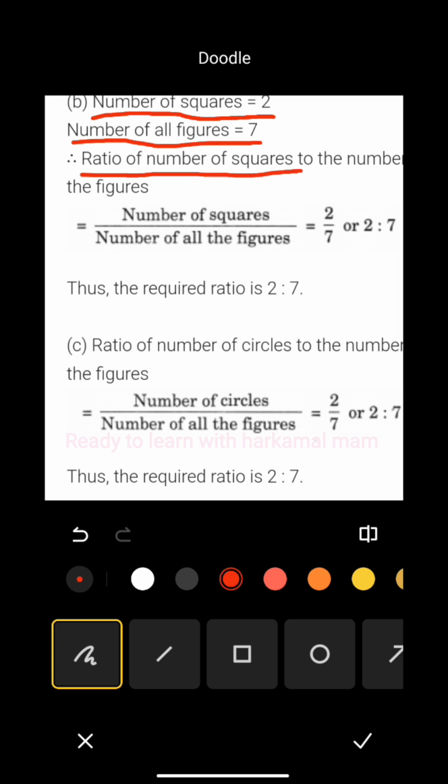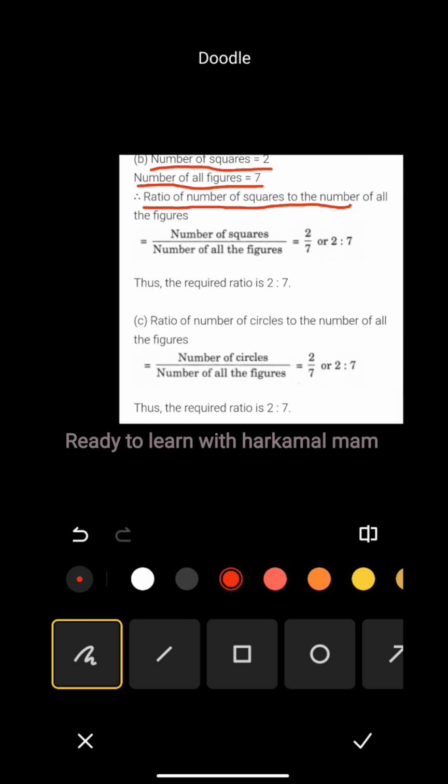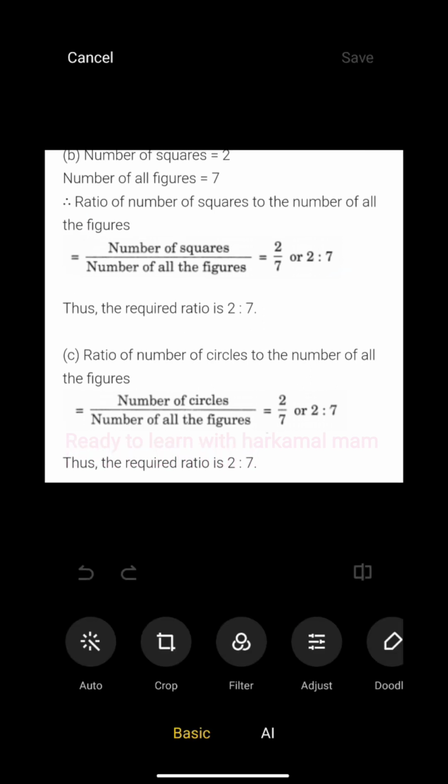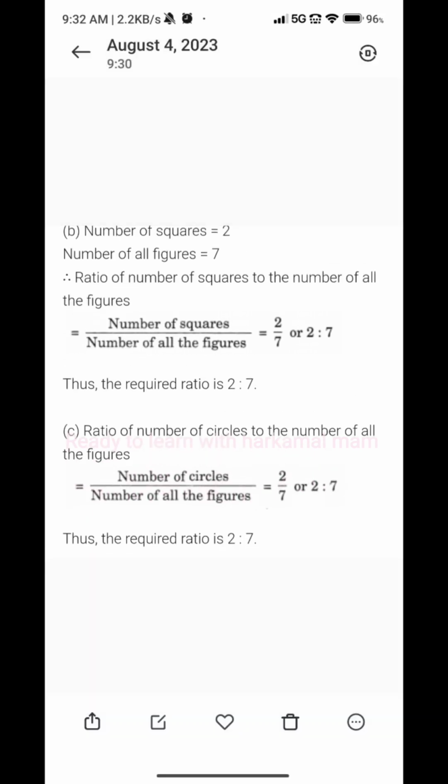Therefore the ratio of the number of squares to the number of all figures is equal to the number of squares divided by the number of all figures. Here the number of squares we found is 2 and the number of all figures is 7, so we get 2:7, right?